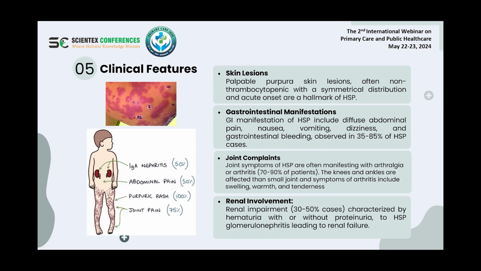The rash started in his legs, then extended to his hands, thigh, buttocks, and back 6 days before admission. Then for gastrointestinal manifestation, it usually occurs after the skin lesion, around 1 to 4 weeks after onset, and is found in 35 till 85% of cases. GI manifestations include diffuse abdominal pain, which may also be followed by nausea, vomiting, and GI bleeding like hematemesis, melena, or bloody diarrhea.